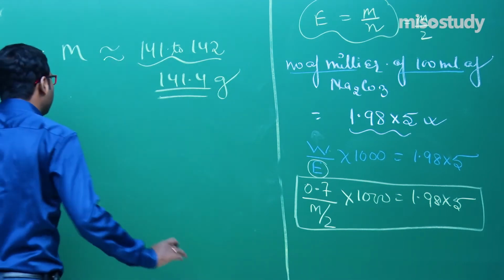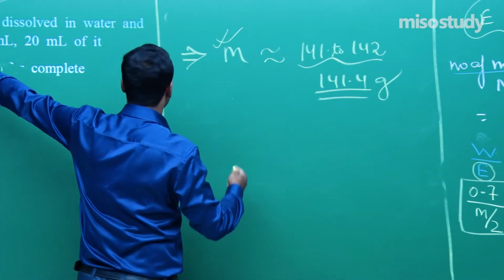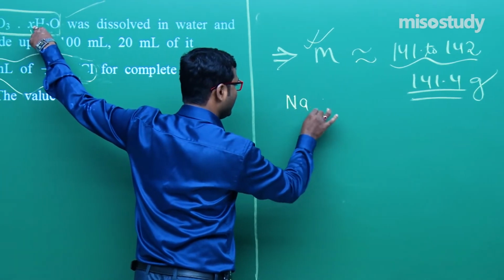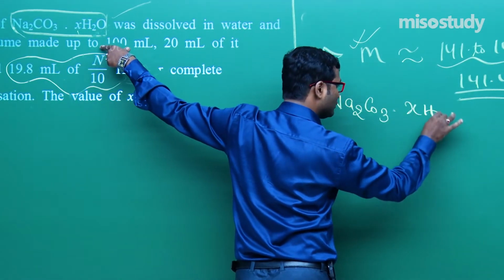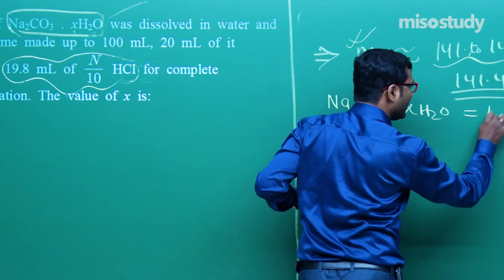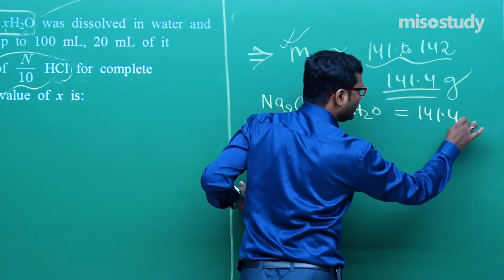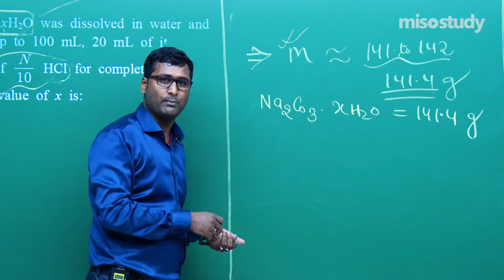Clear to you? Now we got the molar mass, the molecular mass. Now the formula is Na2CO3 into XH2O, and the molar mass we got according to the calculation is almost around 141.4 gram.